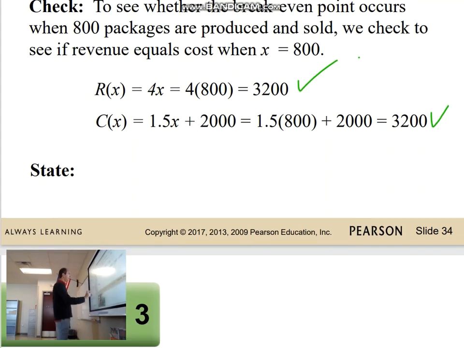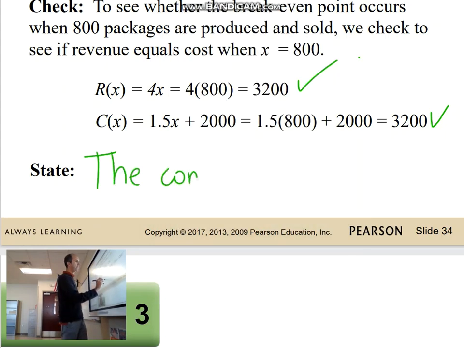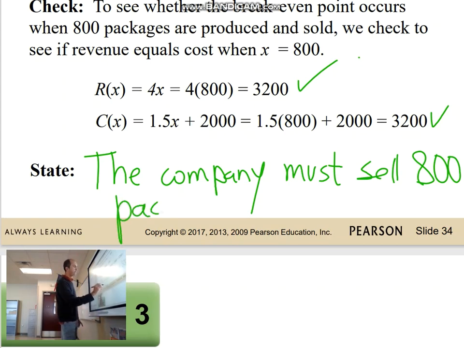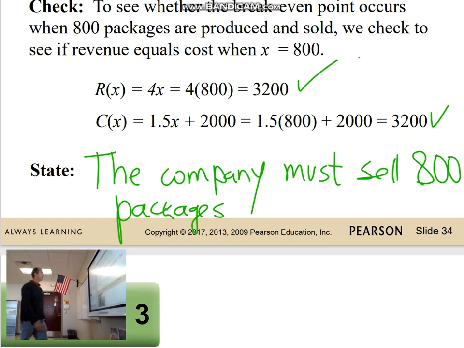You can state the company must sell, or produce and sell, what? 800 packages of the gift boxes to break even.